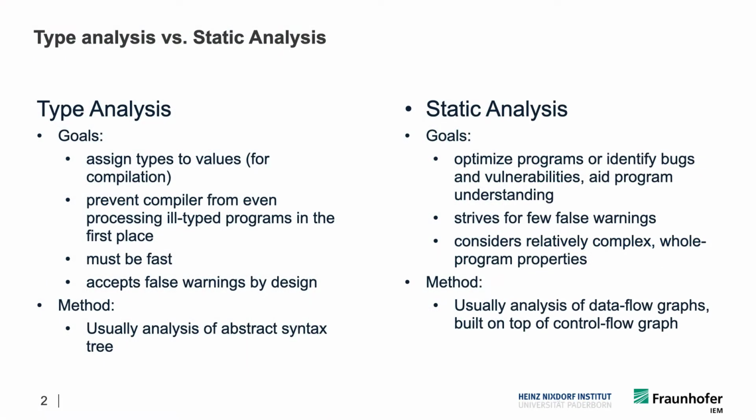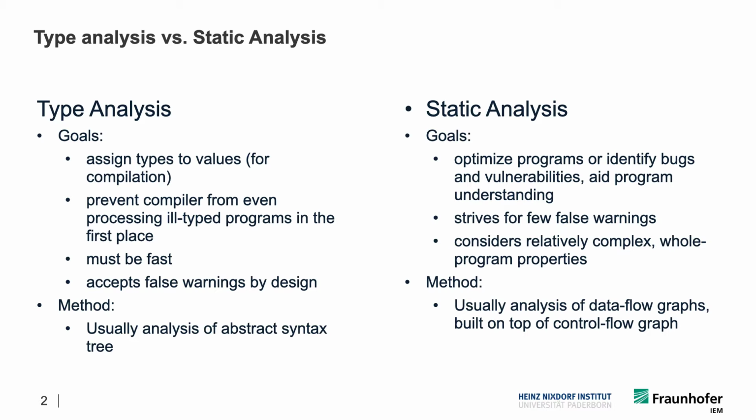So I think there can be a larger debate about where type analysis ends and where static analysis starts. I think most researchers will agree that they are fairly related fields. Some might even say they're just two views on the same thing.